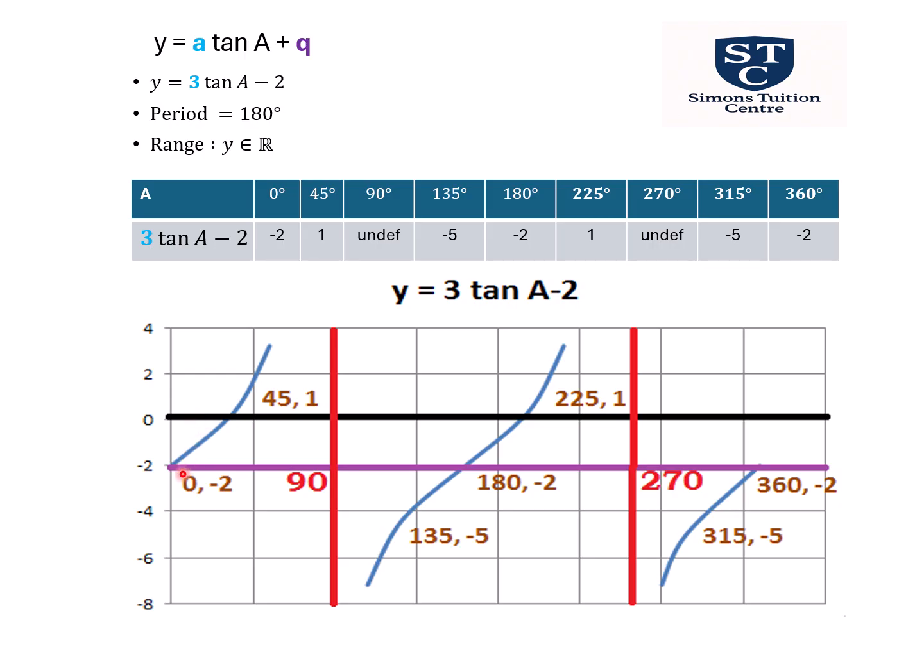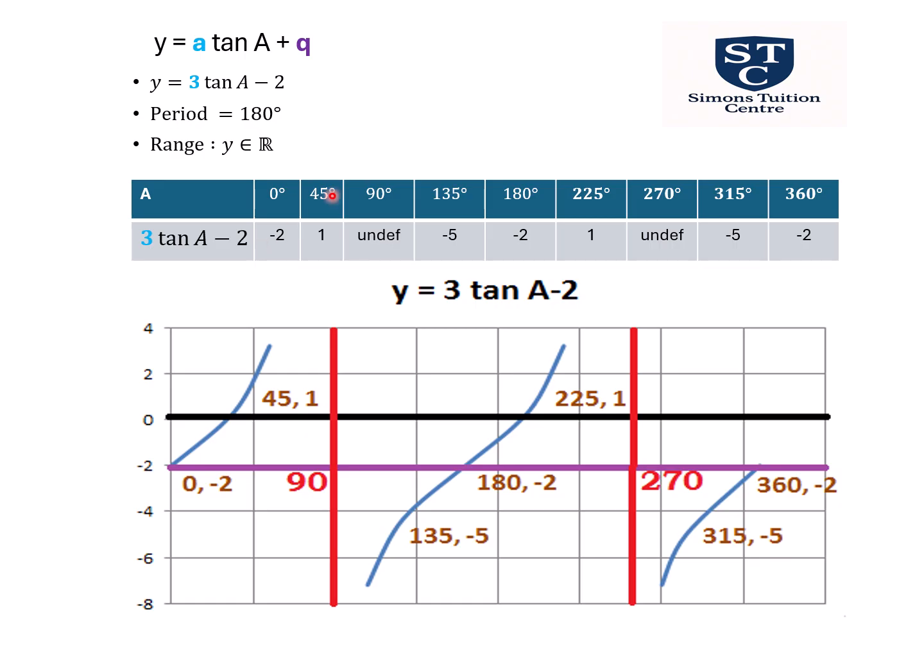Does it make sense? So all the points I would have plotted on that line, I'm now plotting on the purple line, which is 2 units below. Minus 2 means we move 2 units down. The period is still 180 because they only have A. So from 90 to 270 is 180 degrees.